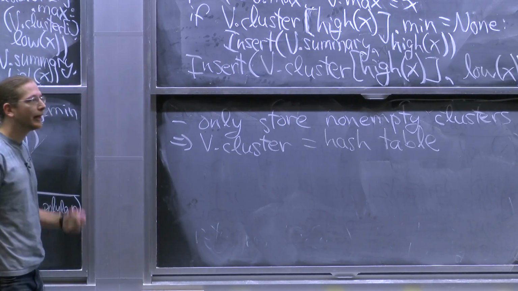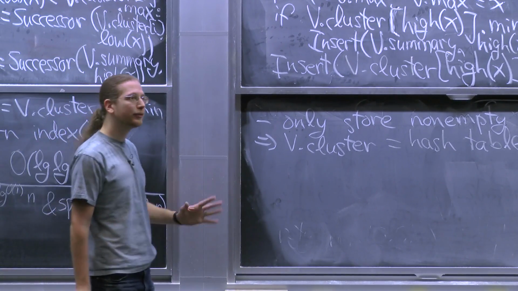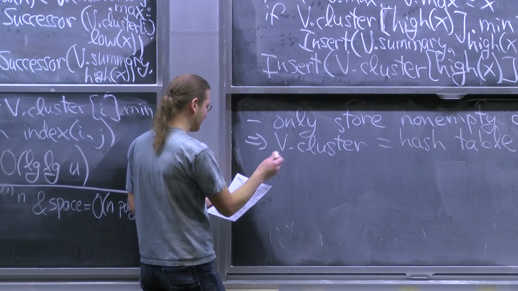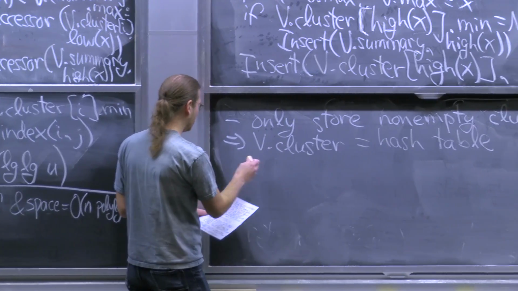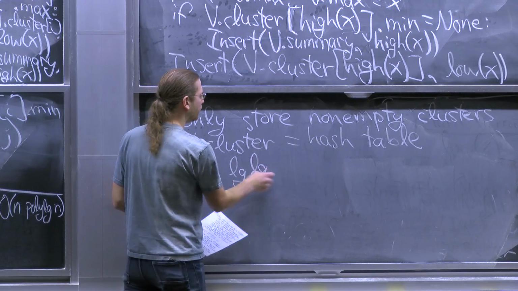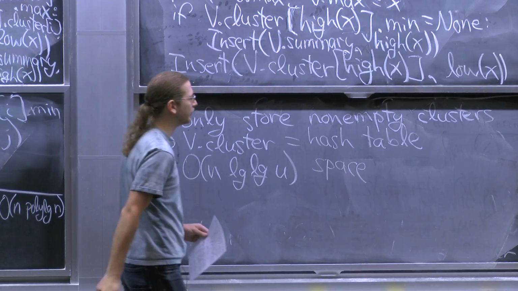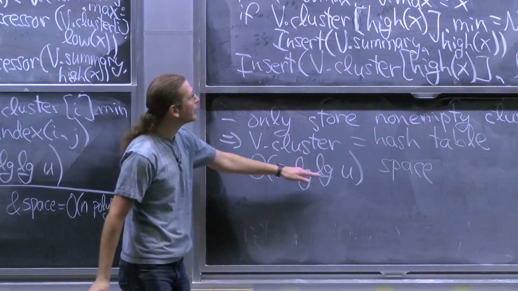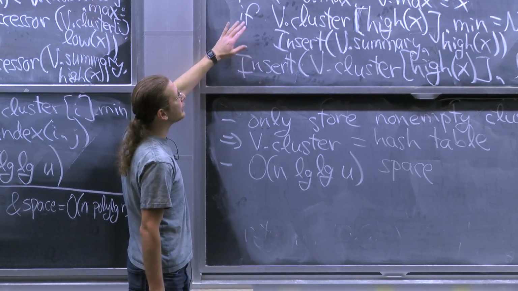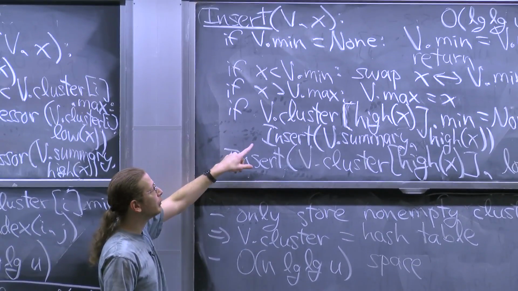Because if you look at an item, when you insert an item, it sort of goes to log u different places in the worst case. But yeah, we end up with n log u space, which is pretty good. Almost linear space. It's a little tricky to see why you get log u, but if you look at the insert algorithm, even though we had 2 recursive calls in the worst case, one of them was free.